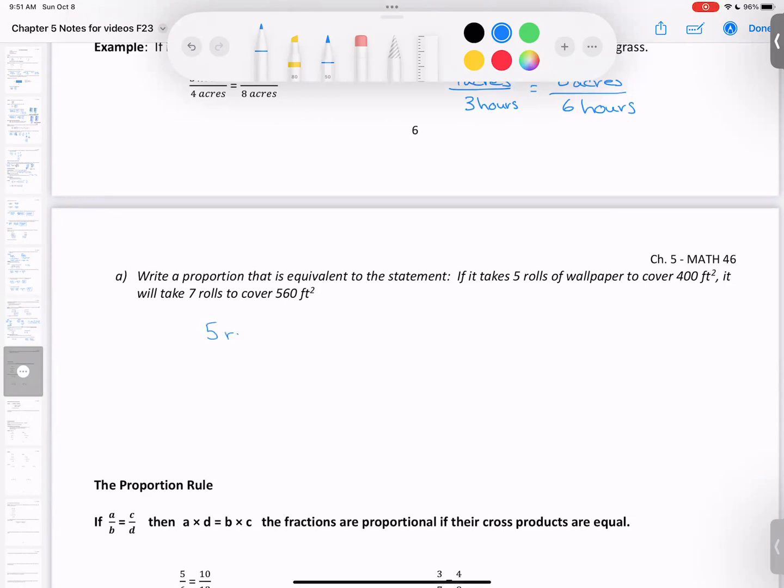We could write 5 rolls per 400 square feet. We do need to keep our units here. Equals 7 rolls per 560 square feet. And we'll get to examples later in the chapter where maybe one of these 3 numbers is missing, and you'll be able to use proportions and equivalent fractions to solve for the missing value.